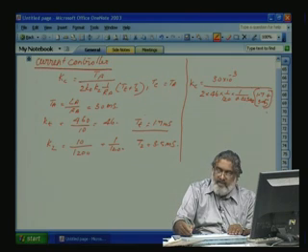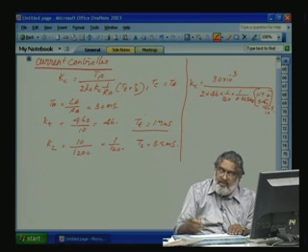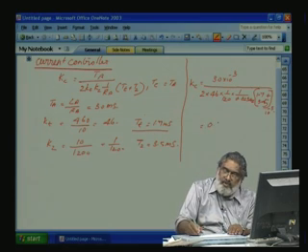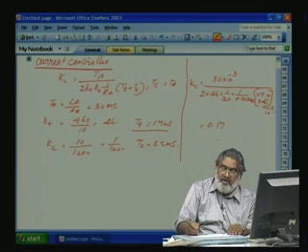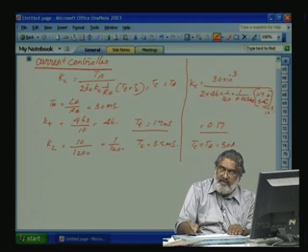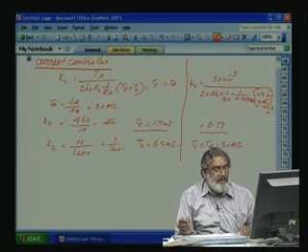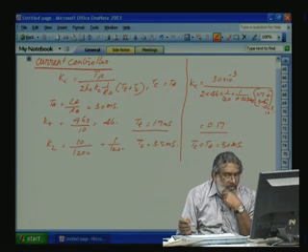The 10 raised to minus 3 is required because all are in millisecond. If you do it, it comes to 0.17. So, this gain we got, and Tc is equal to Ta, which is 30 millisecond. So, how do you realize the current controller?